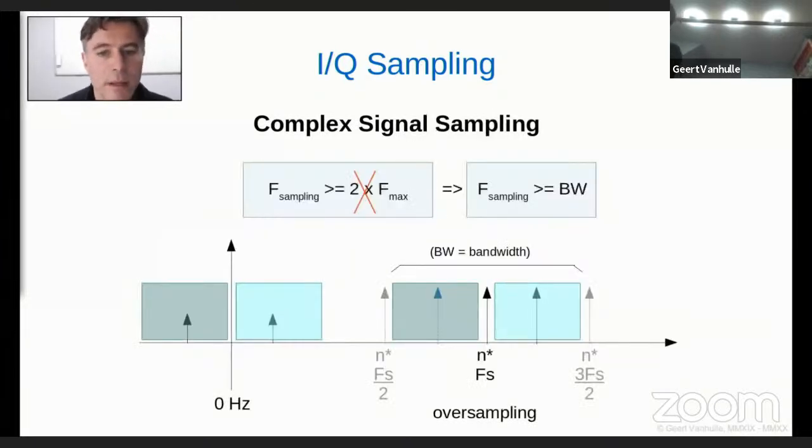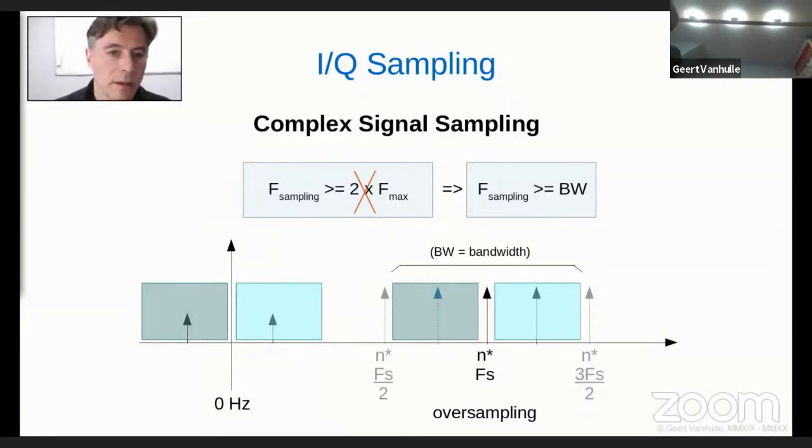So if we look at it here, if we take the example of the Taylor mixer digitalized, we would take oversampling, and then we have this n times fs. So this is our oversampling frequency, and we have the Nyquist zones. So we would be able to sample, for example, from n times fs over 2 up to 3 over 2 times fs times n, so the next Nyquist zone. This will be our sampling bandwidth.